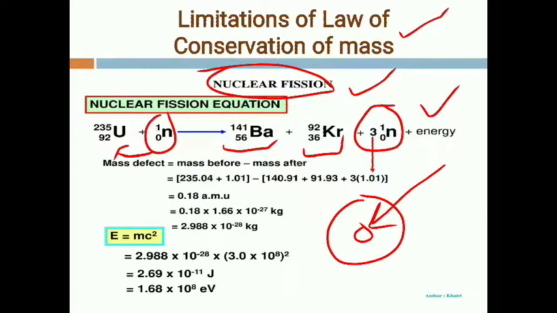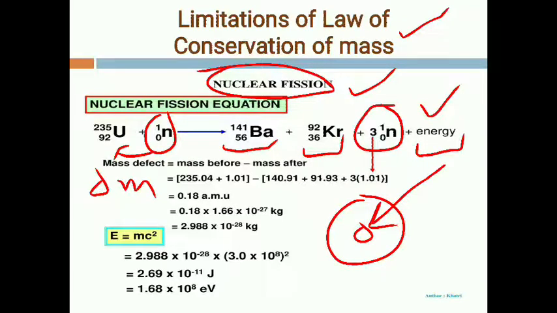So where this energy came from is the point to be discussed here. In these reactions this law is not applicable because there is a difference in the mass of reactants and products, and that difference is called delta M, the mass defect.